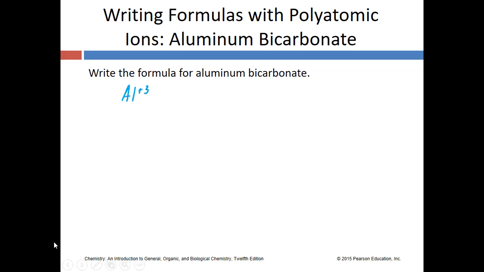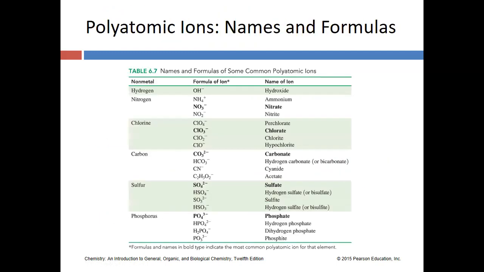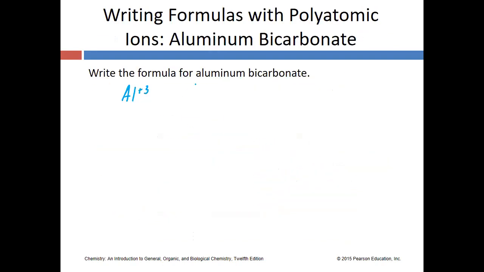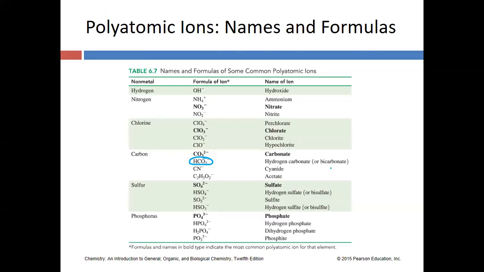For bicarbonate, we need to look at a list here. And we can see that bicarbonate is this cluster on the list, HCO3 -1. If you see the prefix bi, it's an old-school way of saying hydrogen. Bicarbonate is hydrogen carbonate. Bisulfate is hydrogen sulfate, and so on.